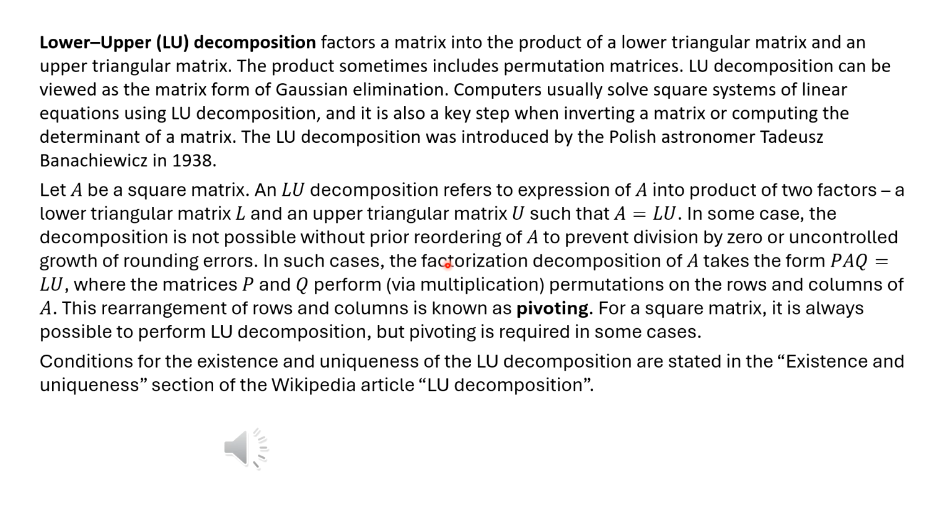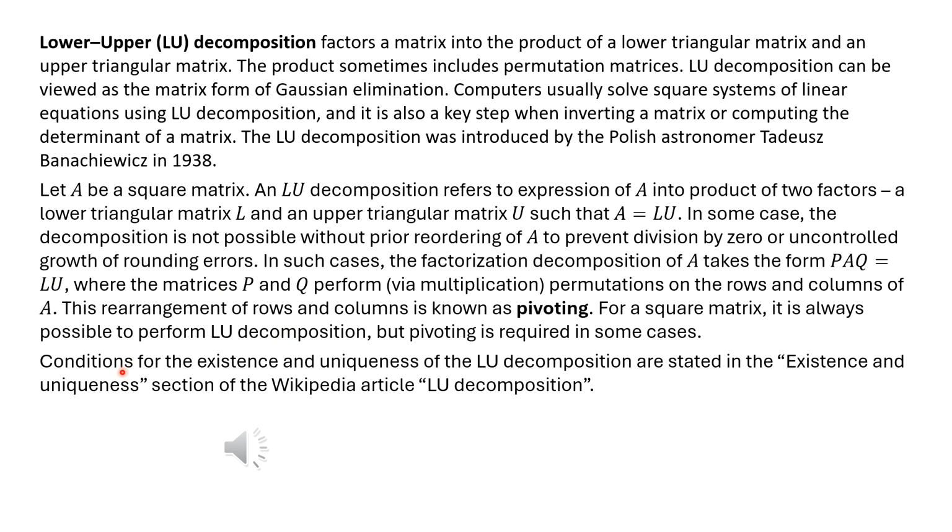In such cases, the factorization of A takes the form PAQ, where P and Q are these permutation matrices we've talked about earlier, equals LU. Okay, so it's always possible to do this. If you have a square matrix, it's always possible to find a permutation matrix to multiply times A so that you can factor that product in this form here, LU.